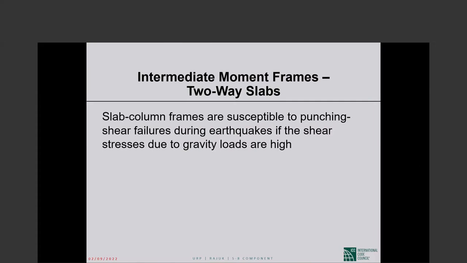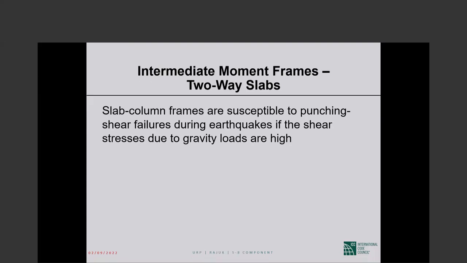If shear stresses due to gravity loads are high, those are taking up much of the shear carrying capacity of the slab, and then you don't have room for additional punching shear caused by moment transfer, which should come from earthquakes. Okay, so slab column frames are susceptible to punching shear failure during earthquakes if the shear stresses due to gravity loads are high.